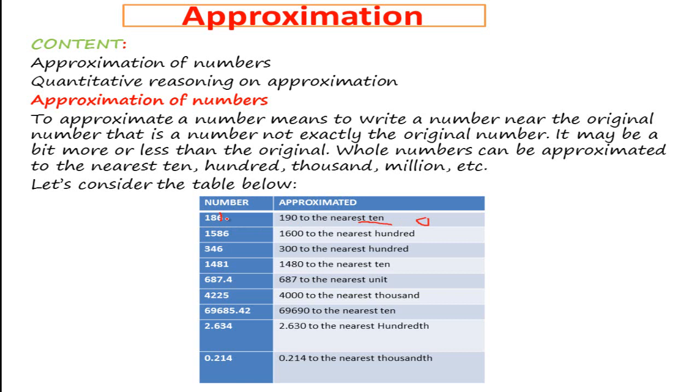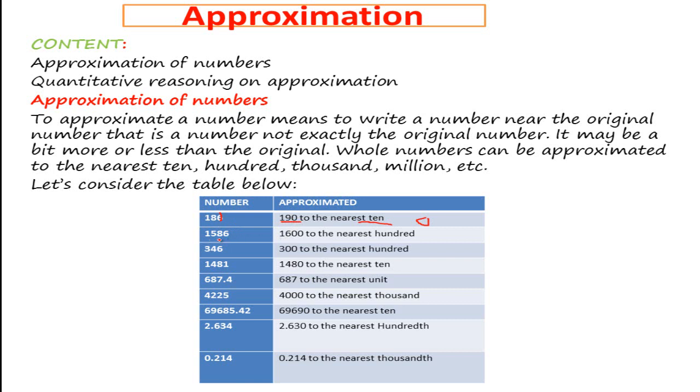However, 6 is greater than 5. That means when you cancel this one, you round it up to 1 and add it to the closest number to that 6, which is 8. When you add it, it turns to 9, and this 6 turns to 0. It means you are going to get 190. That is why you get this.